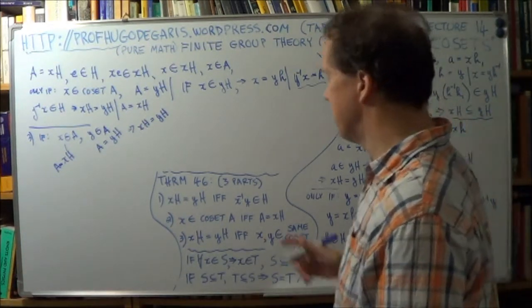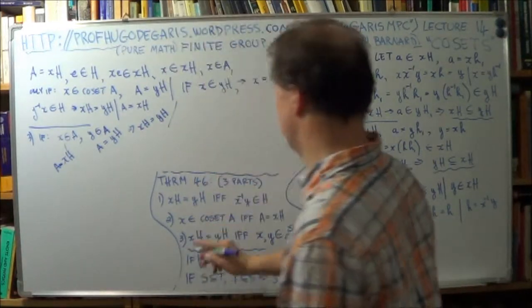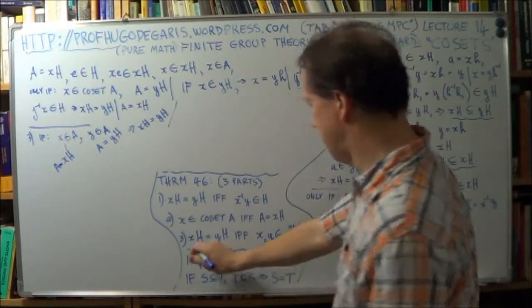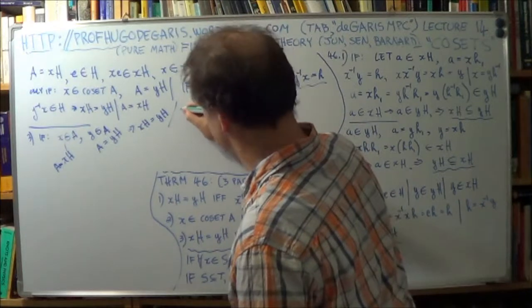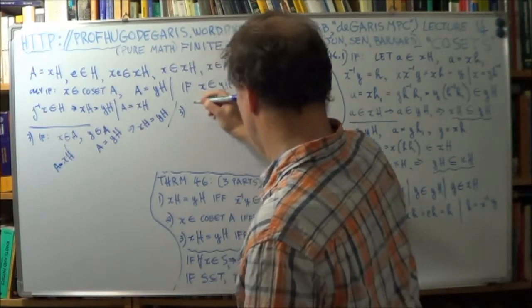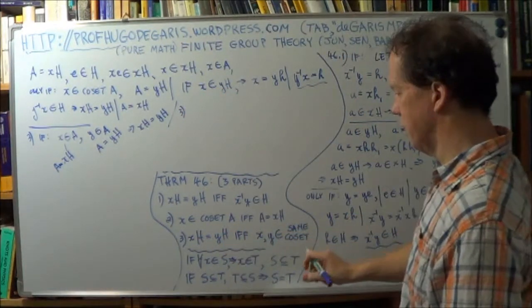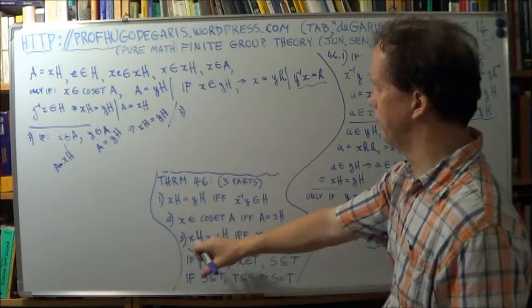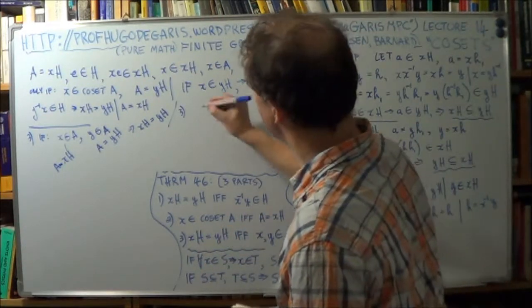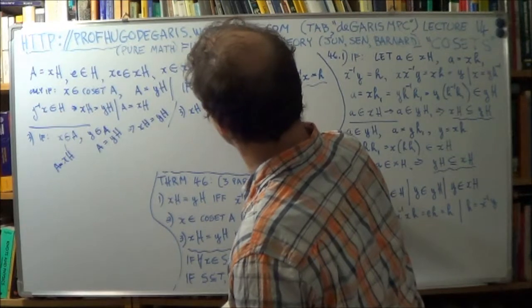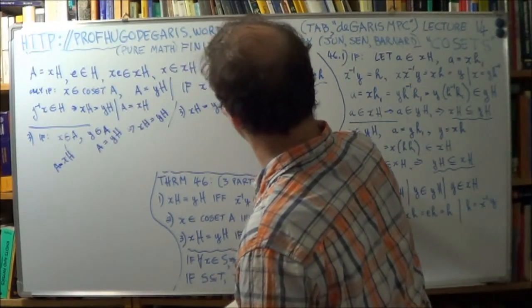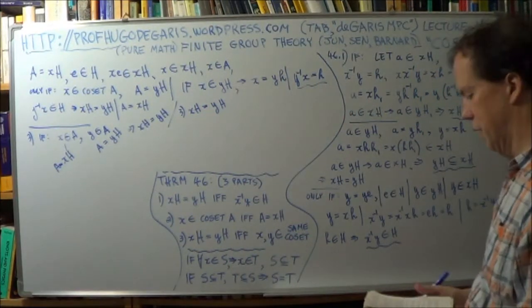Alright, so now we start now with this. So for part 3, we're going from left to right now. So this will be the only if part. Now xh is equal to yh. Alright.